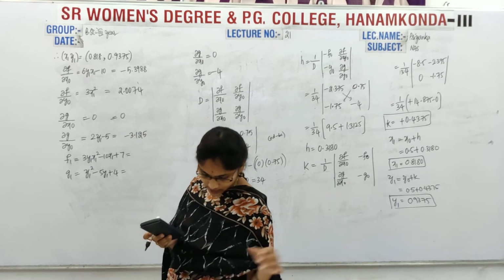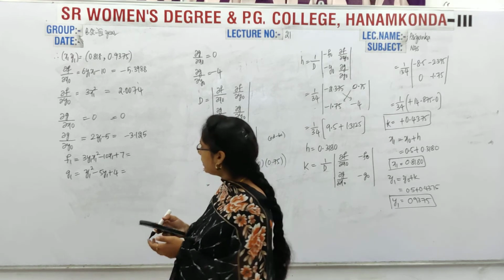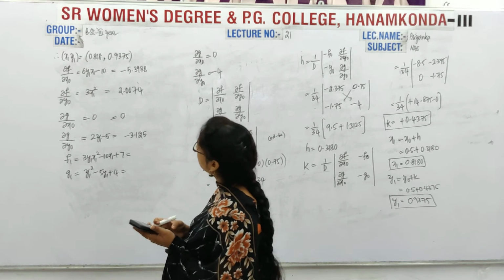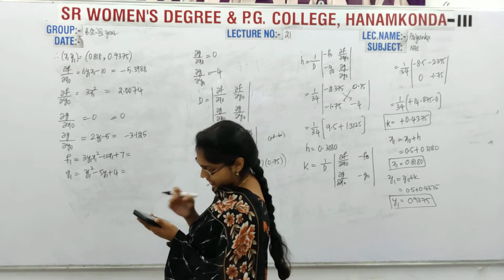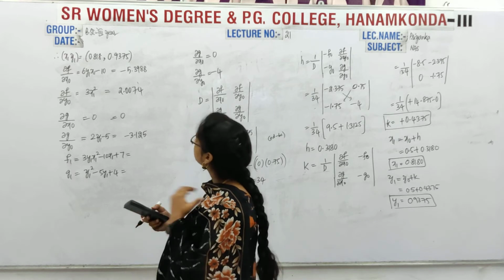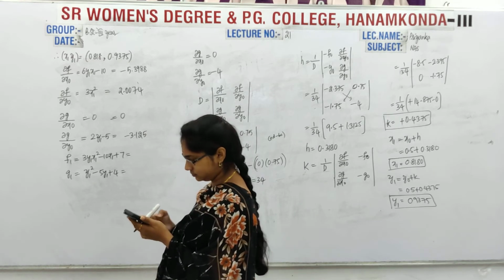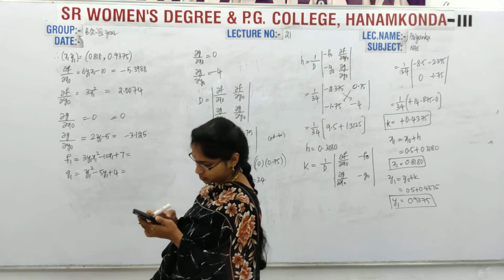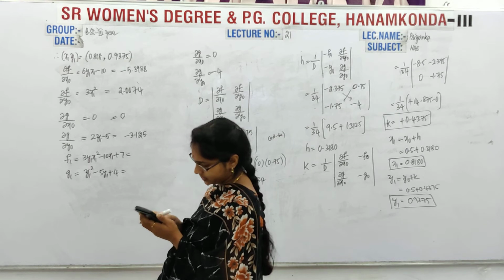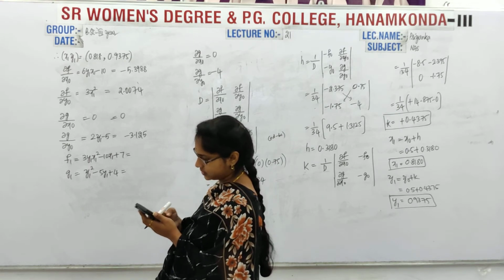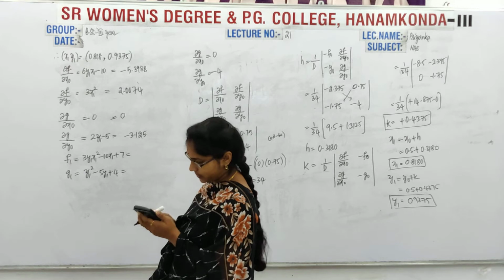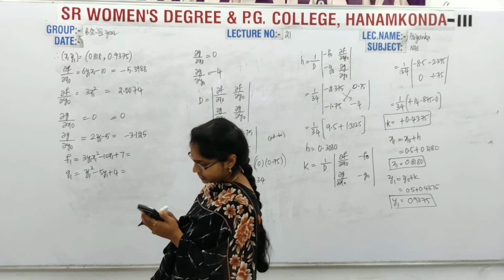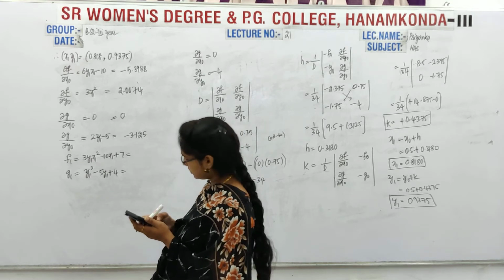Okay. Next, the f1 value and g1 value. f1 is 3 into y1, 0.9375, into x1 square, open bracket 0.818 whole square, close the bracket. Next, minus open bracket 10 into x1, 0.818, plus 7.